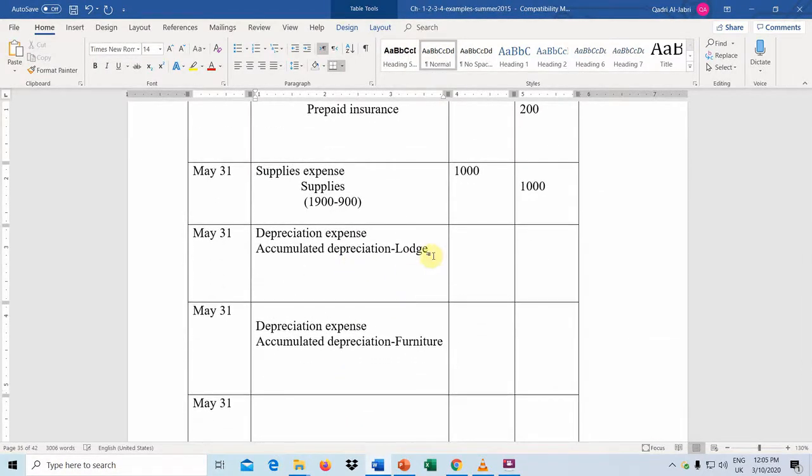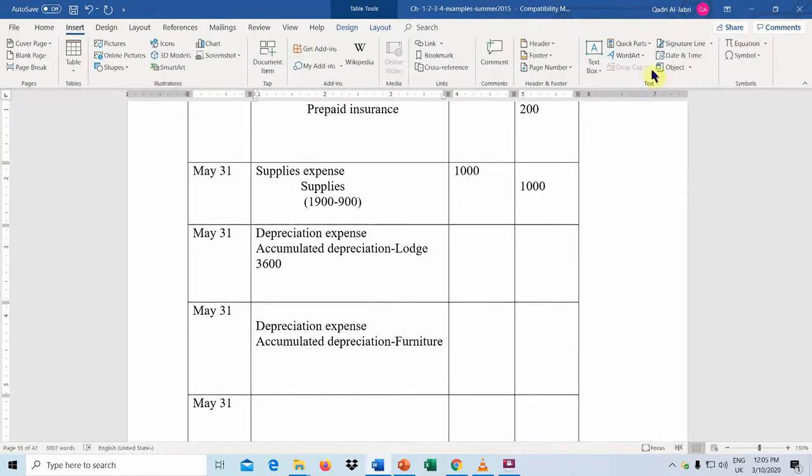So I will say 3,600, and I will divide that by 12, and for the second one it will be 3,000, and I will divide that by 12.